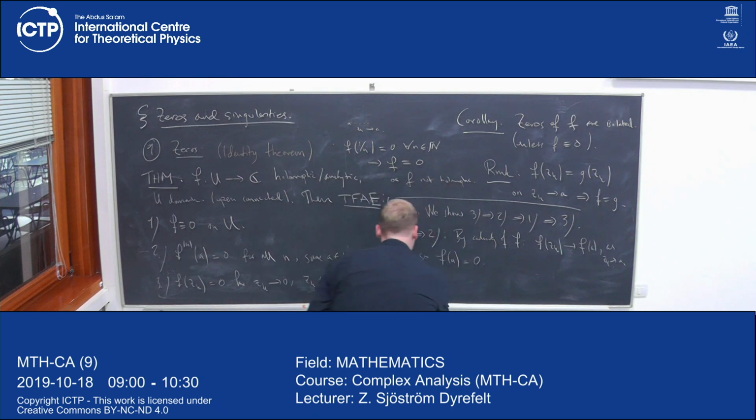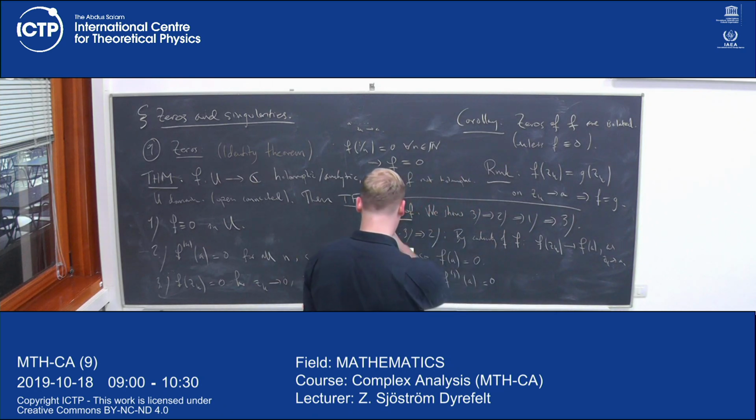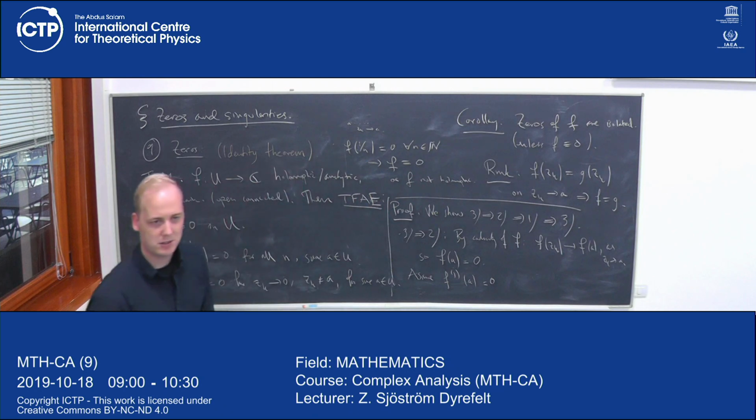Now assume that the jth derivative at a is equal to 0 for all j up to a certain point. We do a proof by induction.